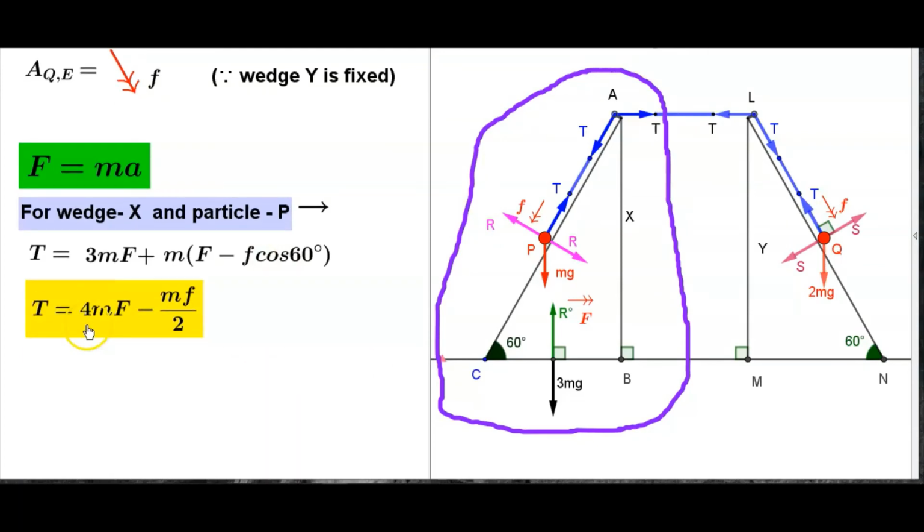Therefore T equals 3mF plus mF, that is 4mF, minus mf by 2, since cos 60 is a half.